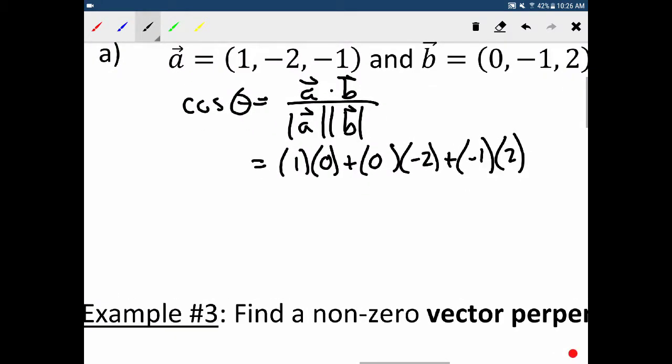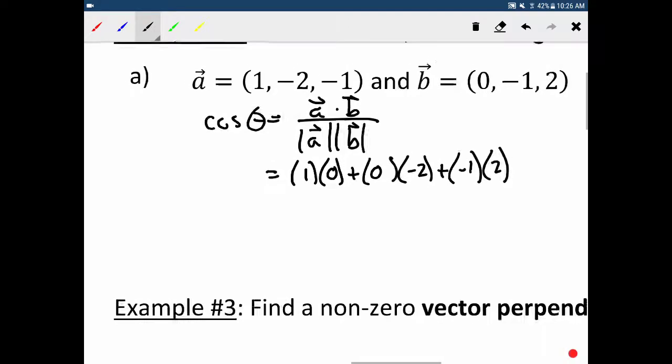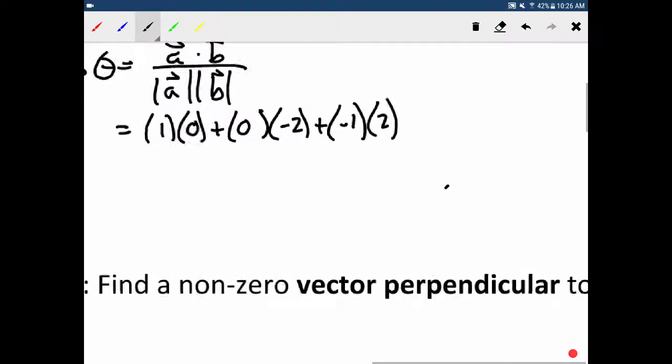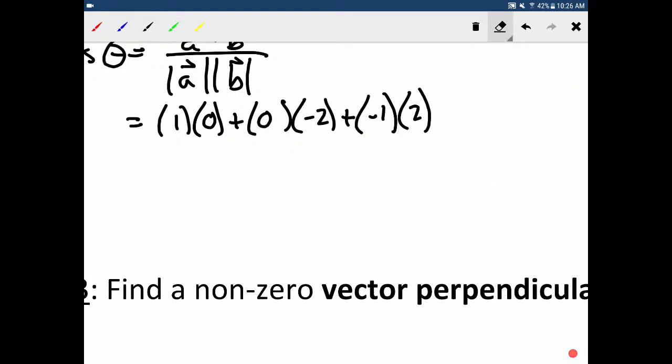Oh, I feel like I messed up. What's wrong here? Did I do the wrong one? Yep, I did the wrong one. Sorry, this is the problem with zooming in. So that's wrong, and that's wrong. I'm just going to redo it.